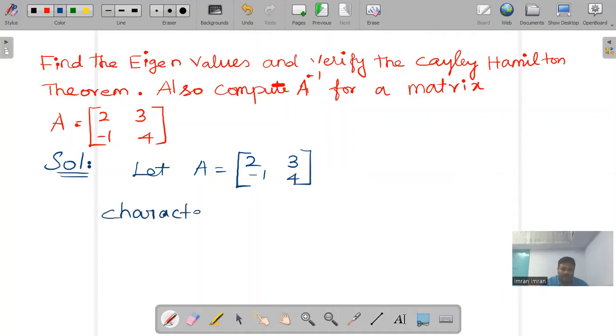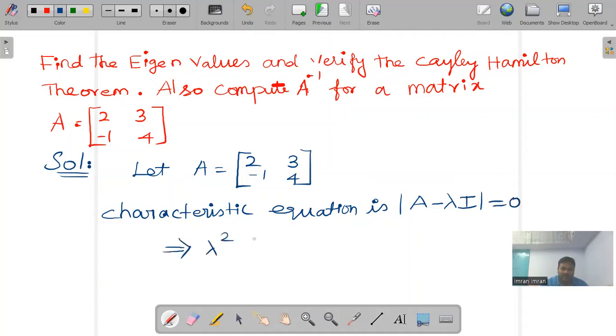So the characteristic equation is determinant of A minus lambda I equal to 0. This implies lambda square minus trace of A into lambda plus determinant of A equal to 0.